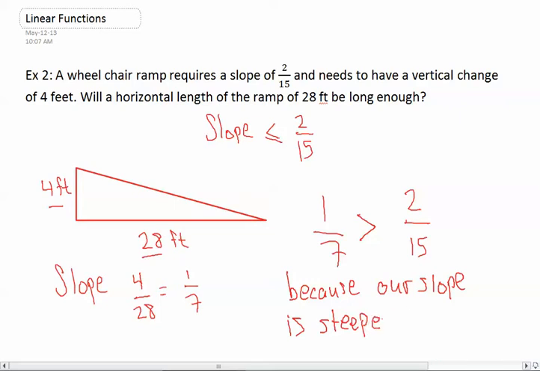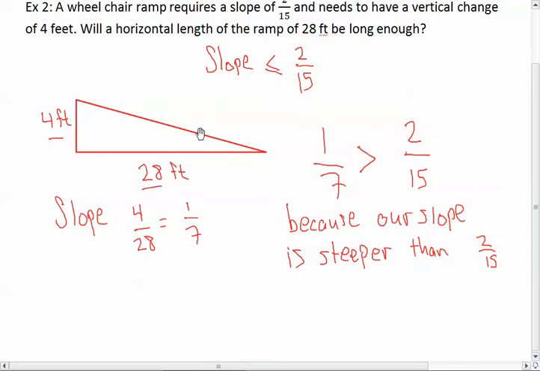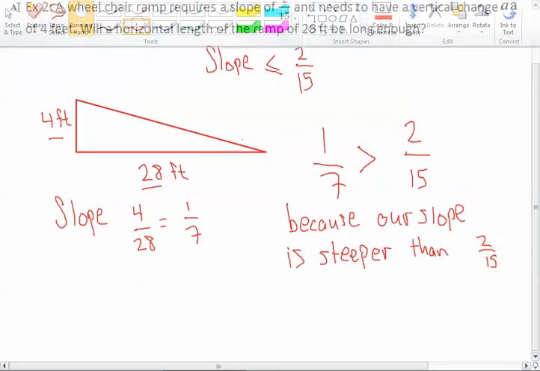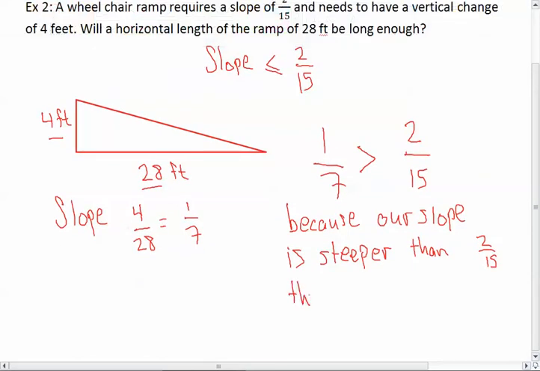Because our slope is steeper than 2/15, we don't have enough room. So we're using the idea of rise, run, and slope here.